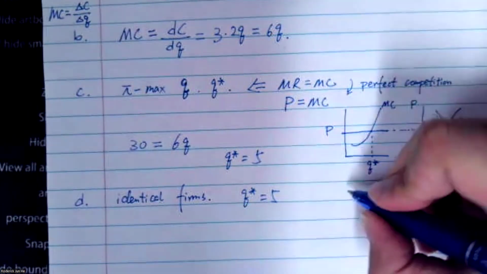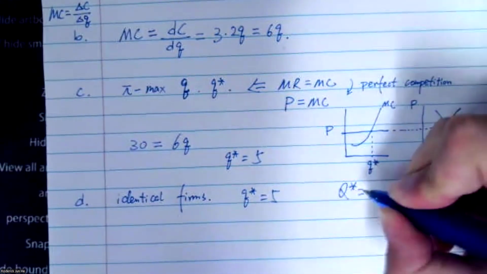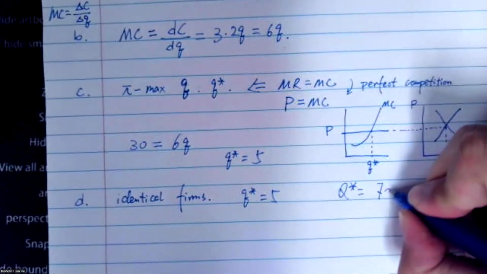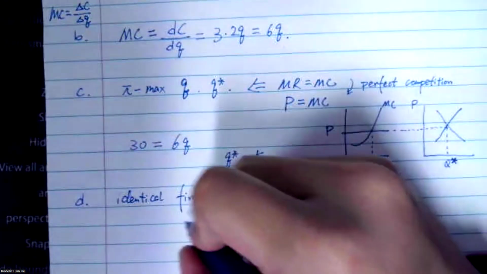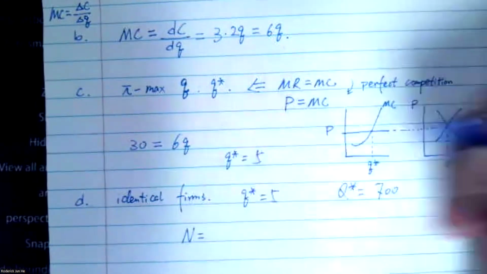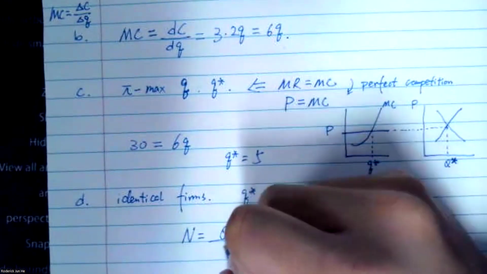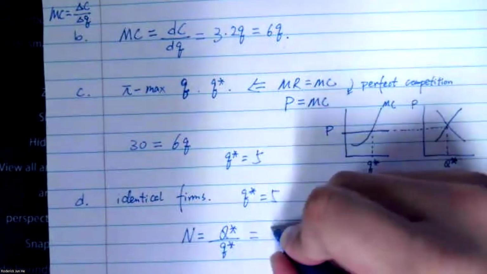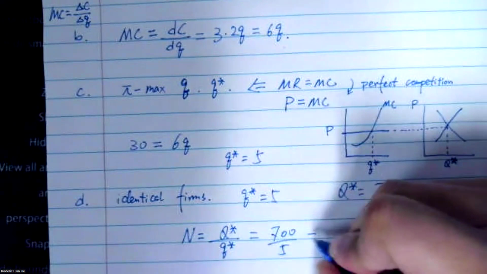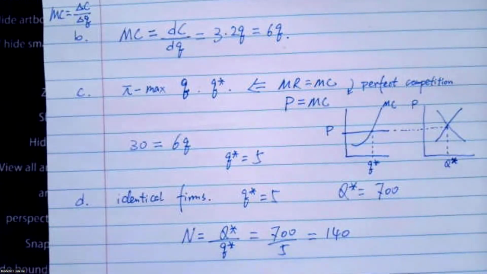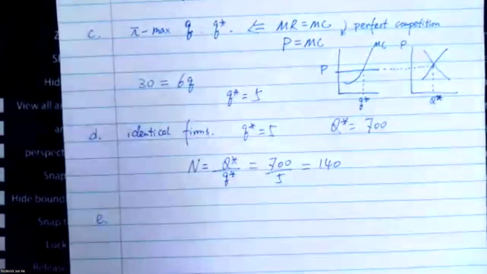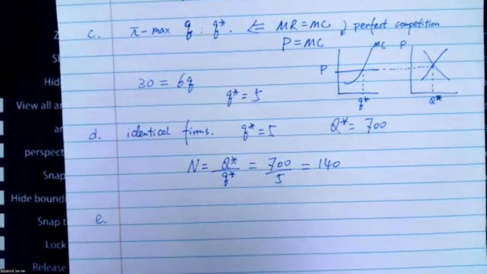Then we look at the entire market: the aggregate availability of product is 700. The number of firms is the division 700 over 5, which is 140.